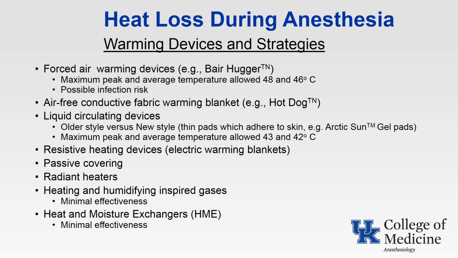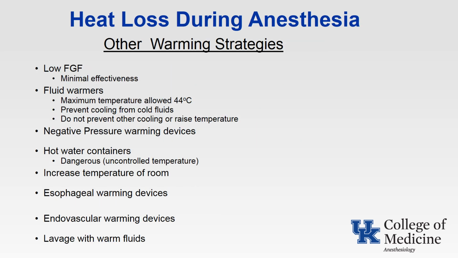Heat and humidification of inspired gases, and heat and moisture exchangers, which we've already discussed. Other strategies include use of low fresh gas flows, fluid warming, negative pressure warming devices, hot water containers, increased temperature of the room, esophageal warming devices, endovascular warming devices, and lavage with warm fluids.